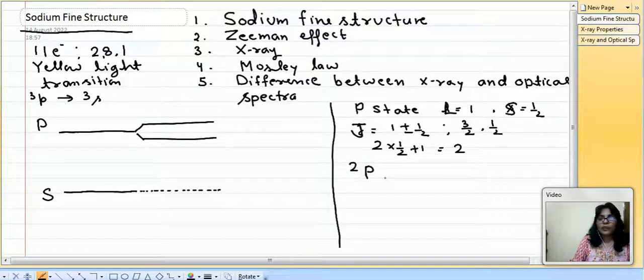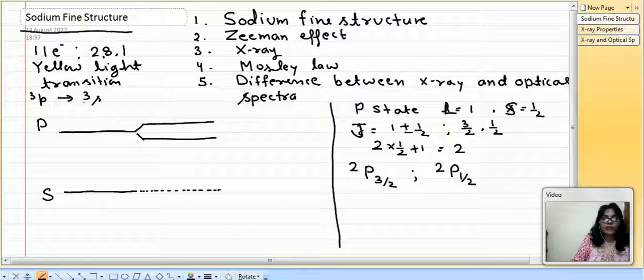So 2p with J equal to 3 by 2, and another term 2p with J equal to half. So this p level will now split because of the LS coupling, or spin orbit coupling, into two levels: 2p 3 by 2 and 2p half.